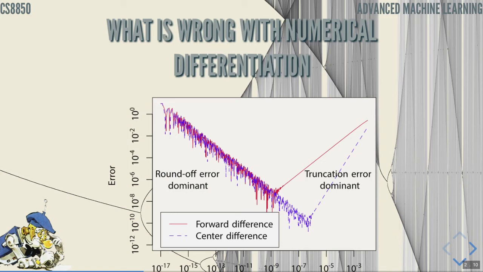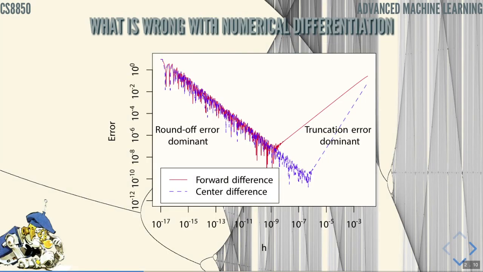But what is wrong with numerical differentiation, besides what I just said, or opening it up a little bit? There are two types of errors that happen in numerical differentiation. The first one is truncation error, because we took the infinite Taylor series and defined the derivative using only the first component of it, and whatever we threw away is our truncation error.